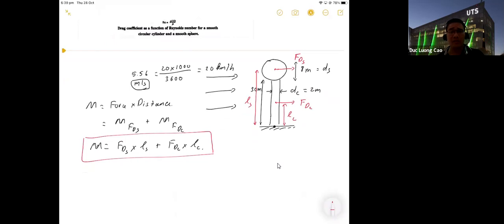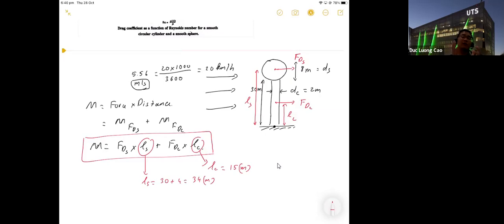LS and LC, I think that's easy. LC will be equal to half of the cylinder, 15 meters, since the length of the cylinder is 30. LS will be equal to the length of the cylinder, 30, plus half of the diameter of the spherical shell, 4, or 34. This one is easy.